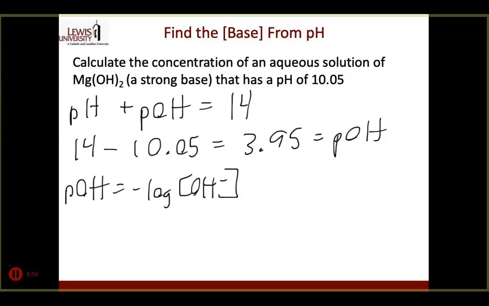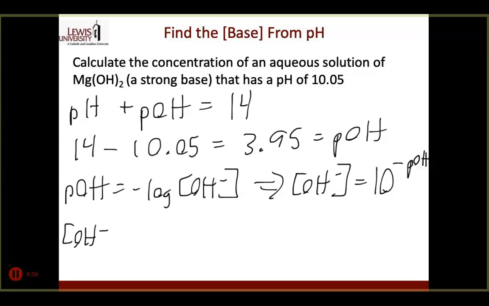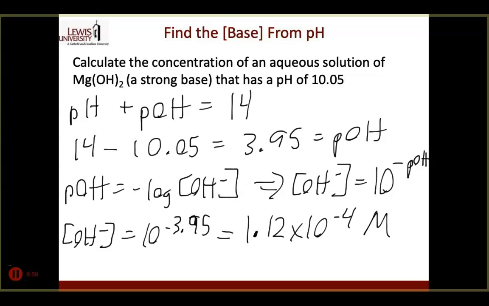Because it's a log base 10 unit, we can say that the concentration of OH minus is equal to 10 to the negative pOH. So our concentration of hydroxide is equal to 10 to the negative 3.95, and that's going to give us a value of 1.12 times 10 to the minus 4th molar.